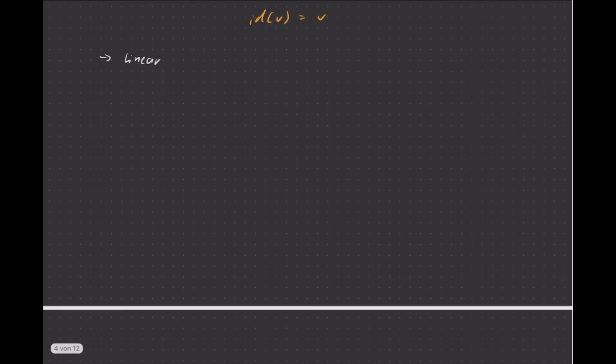And that means we can find a matrix representation for that. And we just incorporate the change of bases, the change of coordinate systems in here. We want an input B and an output B bar.